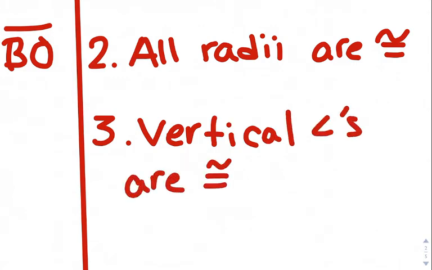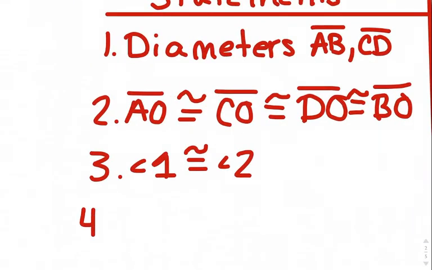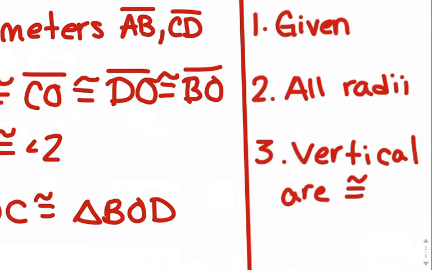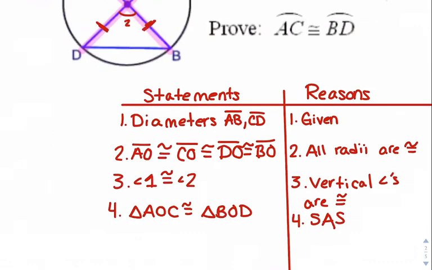Okay, so if I have three things marked in my triangle, remember I can say the triangles are congruent. So I can say triangle AOC is congruent to triangle BOD by saying side angle side.